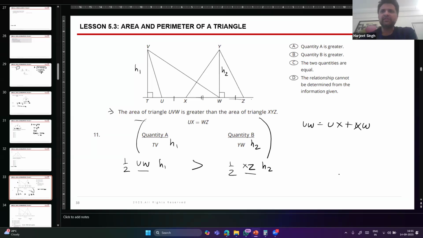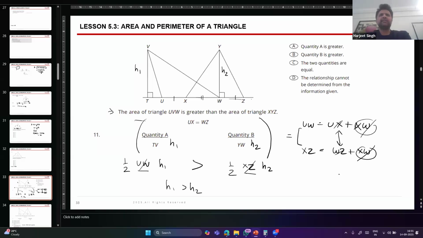And XZ is equal to WZ plus XW. Now obviously these two are the same. And can I say UX is also equal to WZ, which means both are equal. So if both are equal, they can be eliminated and hence H1 is greater than H2. So answer is A. Quantity A is greater than B.